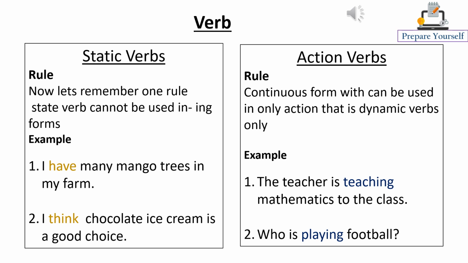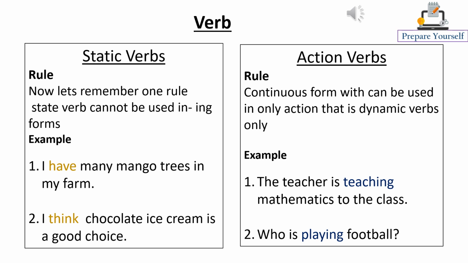Whereas in the other example of action verbs, we will see: the teacher is teaching mathematics to the class. Physical activity of teaching by the teacher is taking place in a class. Here we are adding ing to show that something is happening right now in the class, and that is teaching by the teacher.